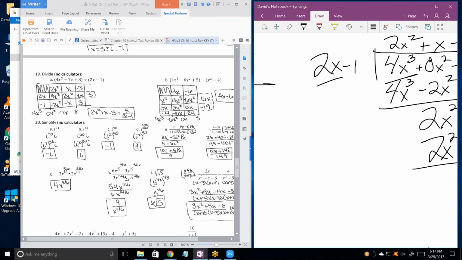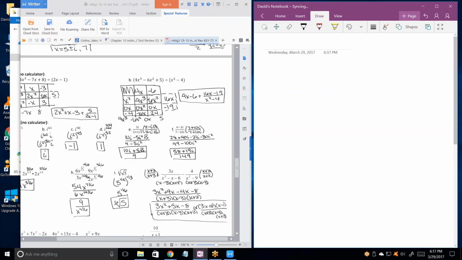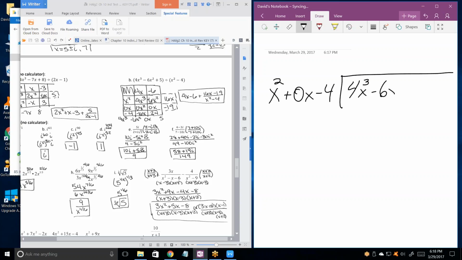Well, doing question B, let's see if we get the same answer doing B using long division. In other words, what I'm going to have to do on B, I think, is do this. I got to add the dummy variable there and here. Like that.